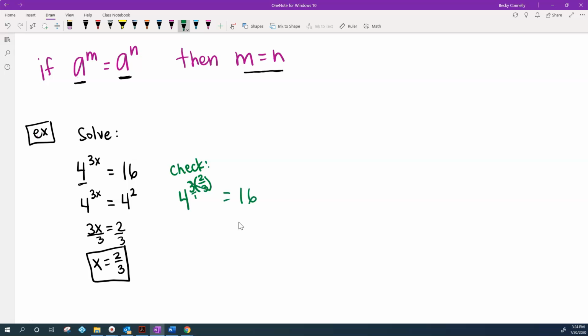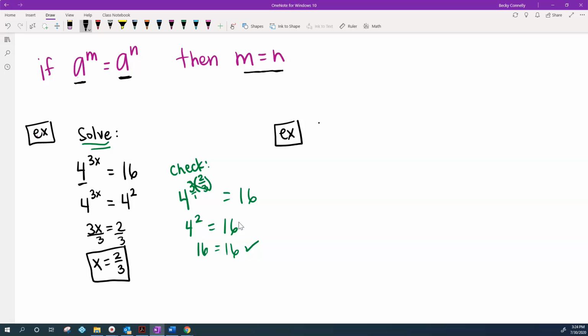Well, my 3's cancel out there, and I'm just left with 4 squared equals 16. So 16 does equal 16. So this does check out to be a good answer. Okay, so remember, whenever you're asked to solve, you can always check to make sure that you did it right, or just check and see if there's any extraneous solutions that we can't use. Okay. All right, let's try another one.